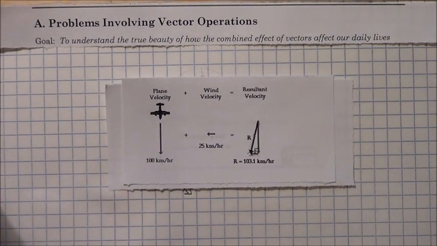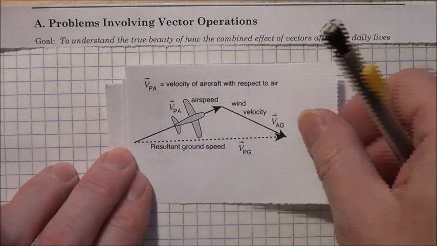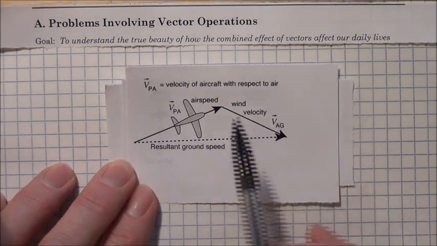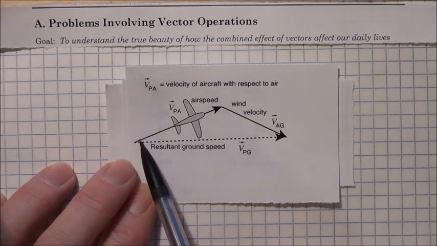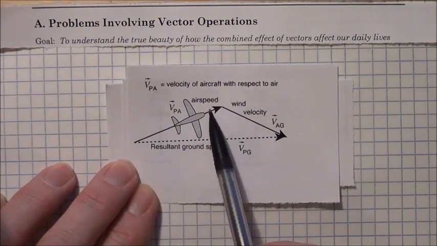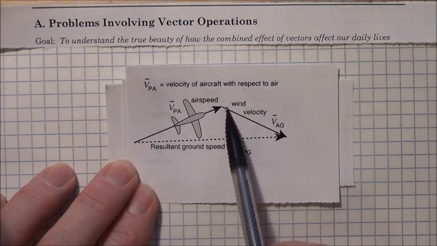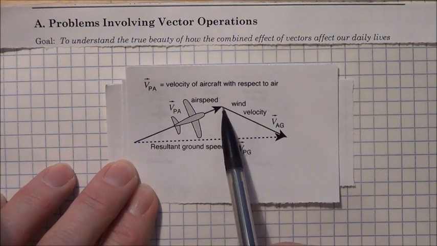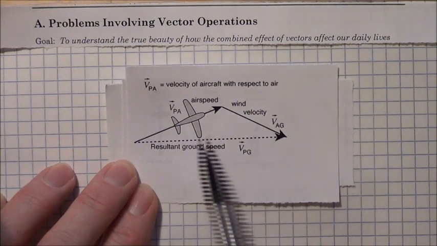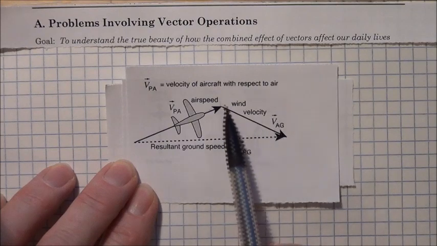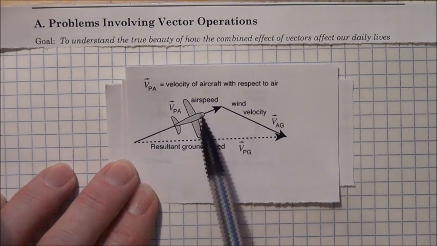We could, of course, have situations where the plane and the wind are not at 90 degrees. Same sort of idea. The airspeed of the plane with respect to the air traveling this direction. The wind velocity, of course, the speed of the air with respect to the ground, going in this direction. And then the resultant velocity, we can see that the wind will be pushing on the plane.